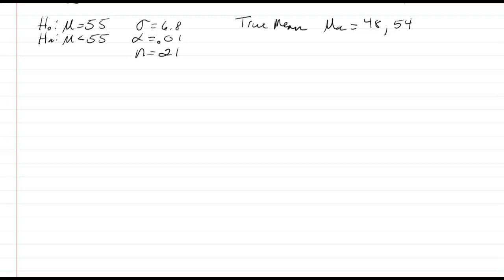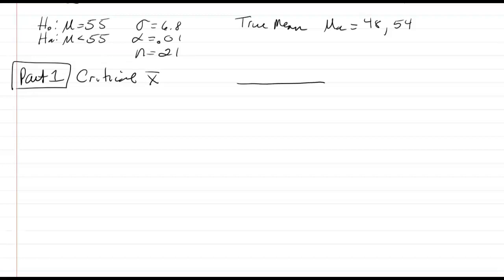So the first thing we have to do, part 1, is to find the critical Xbar. So draw a picture. Always, always, always draw your pictures. Okay, this is a left-tailed test. So draw a picture of a left-tailed test.